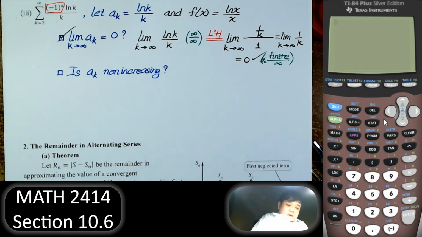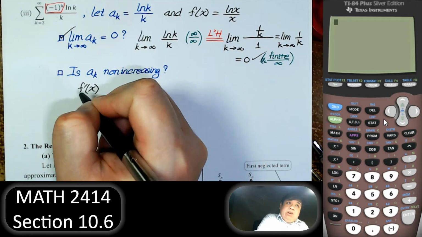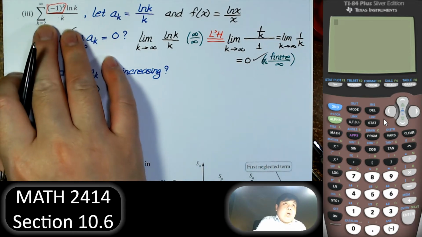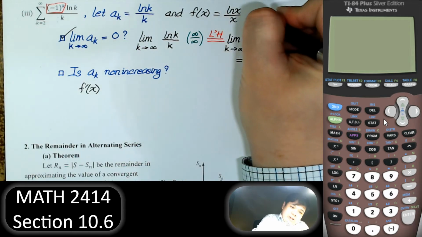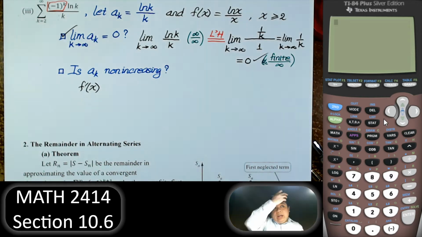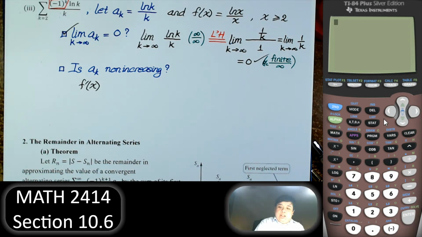If we can show that the derivative is negative for every value of x greater than 2, then we can say the function is decreasing, and certainly the sequence is non-increasing. Of course, decreasing is a stronger statement than non-increasing.